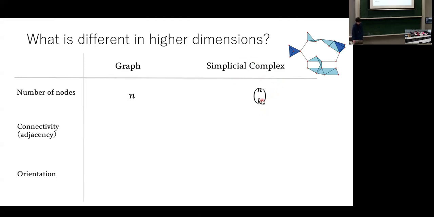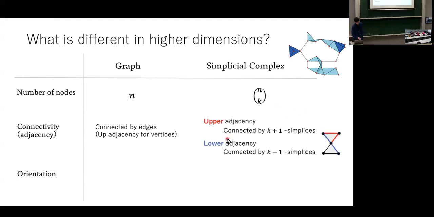And for graphs, the vertices are connected by edges, which means that vertices are connected by a one-dimension-higher object, the edges. But for simplicial complexes, there can be two different notions of adjacency. One is the upper adjacency, which is analogous to the case of graphs: k-simplices may be connected by sharing a one-dimension-higher simplex.